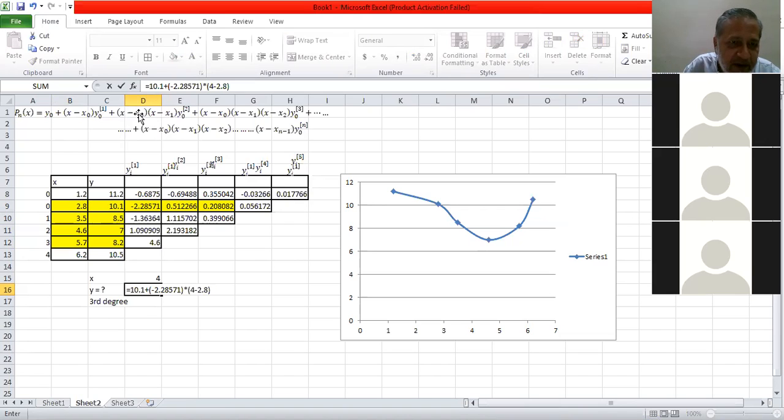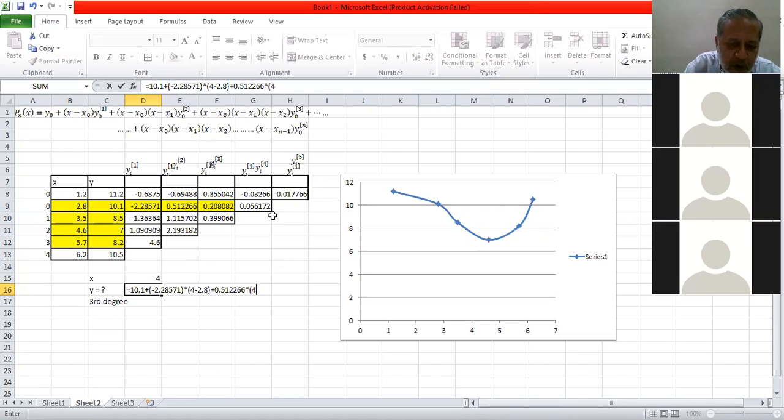Now I have to write this term. This term contains second order divided difference starting at x naught. So that is from here. So I choose this value, second order divided difference, and I write down here 0.512266. And then I have a product of x minus x naught and x minus x1.